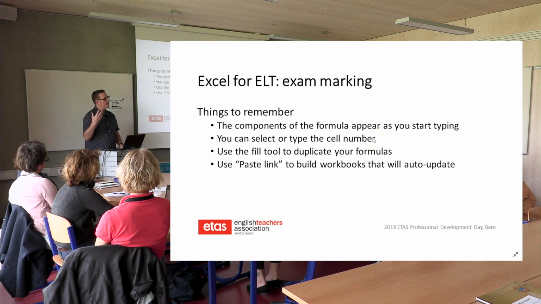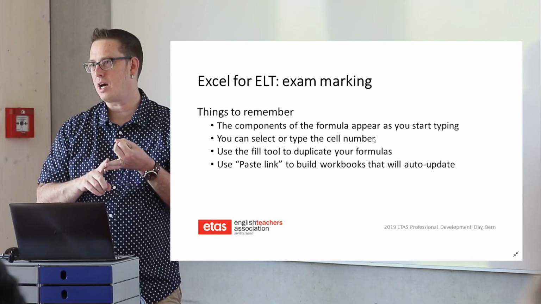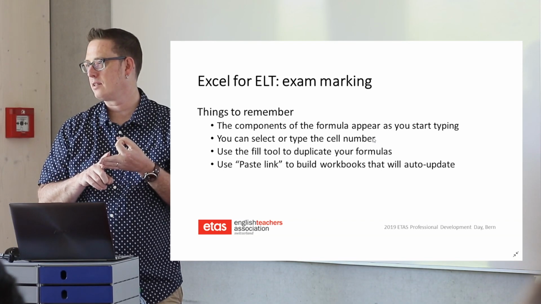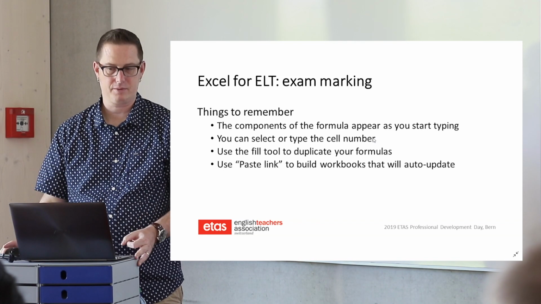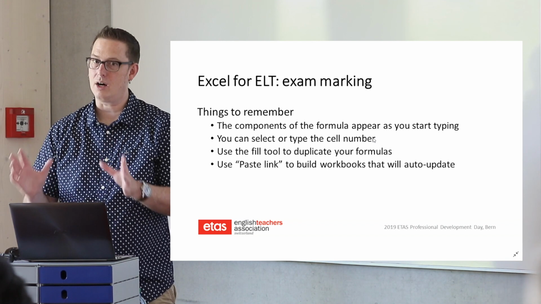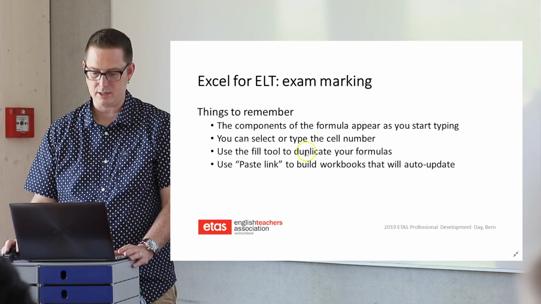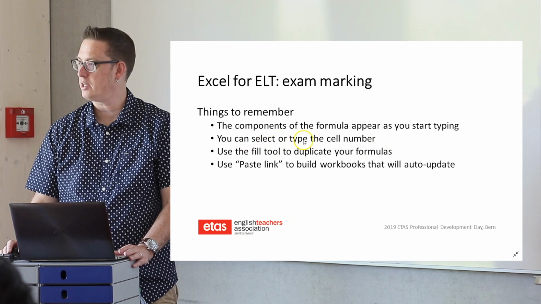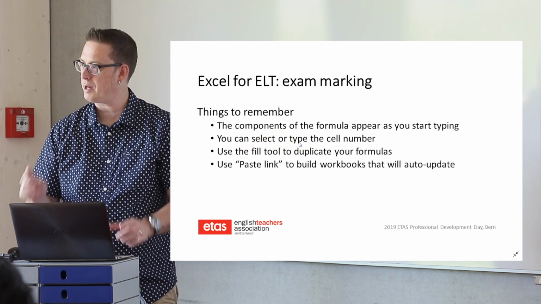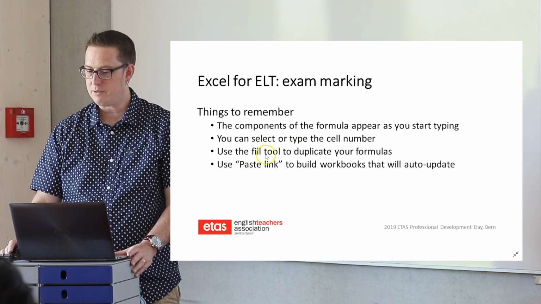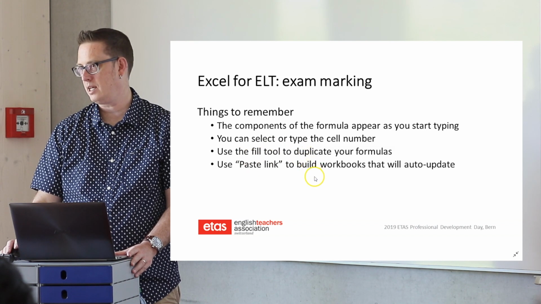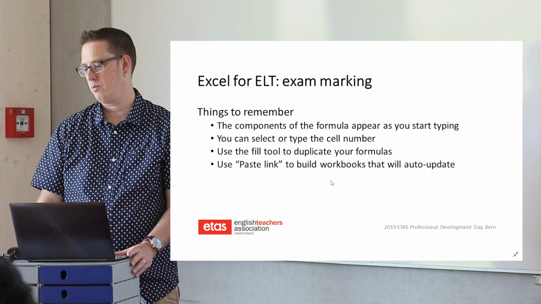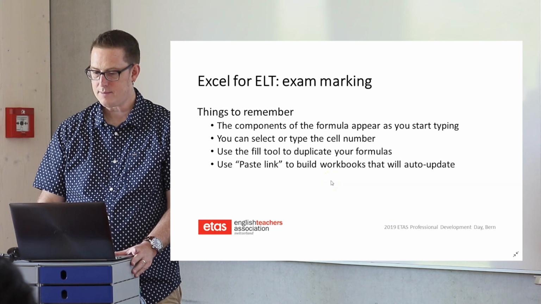It helps you. This part is really helpful. If you can remember, right, equals, sum, open brackets, it'll tell you what you need to do. And you can look it up. It's all on Google. There's lots of pages. You can select the number. You can type the number of the cell. You remember I typed H2. Use the fill tool and use paste link. And that will make everything work for you.